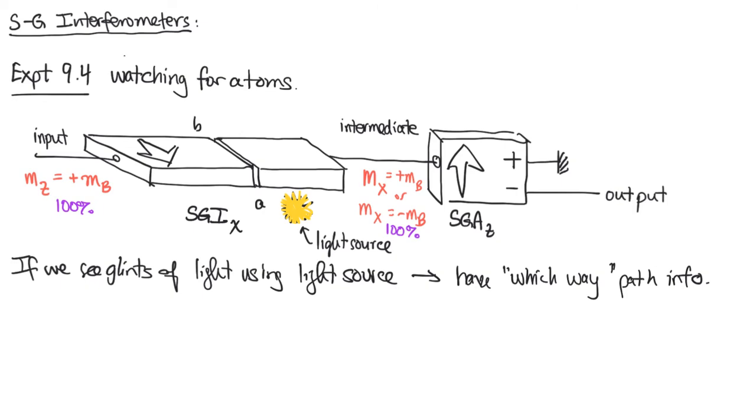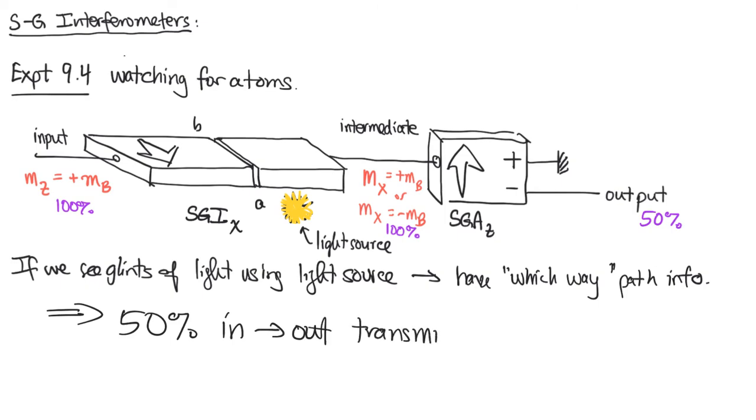Now we can see that we are going to get a lot of atoms at the output, because if the atom is Mx plus, then it has a 50% probability to make it to the output, and same if it's Mx minus. So overall, we're going to see a 50% transmission at the output, if you know which way information.